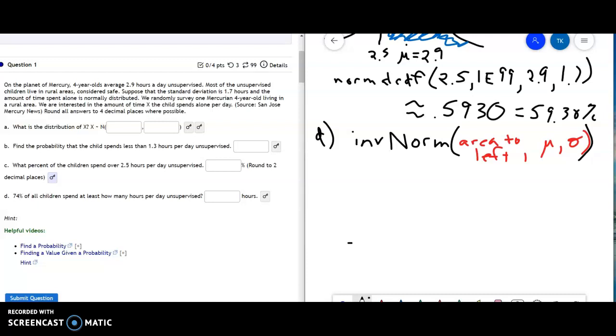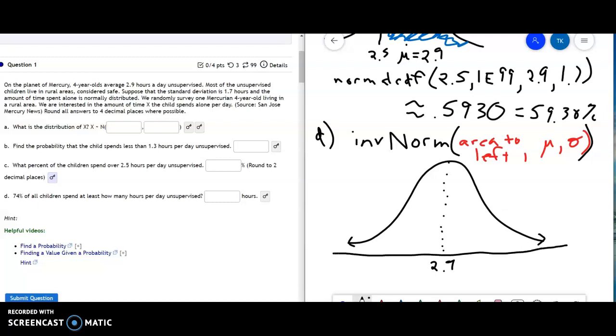So there's my curve. I draw one in every time. We know that the average is 2.9. You can put that number line across the bottom if that helps.